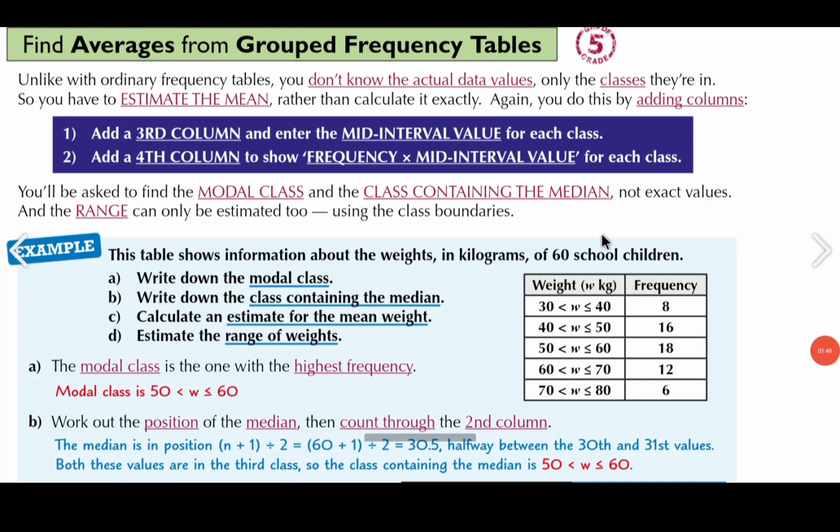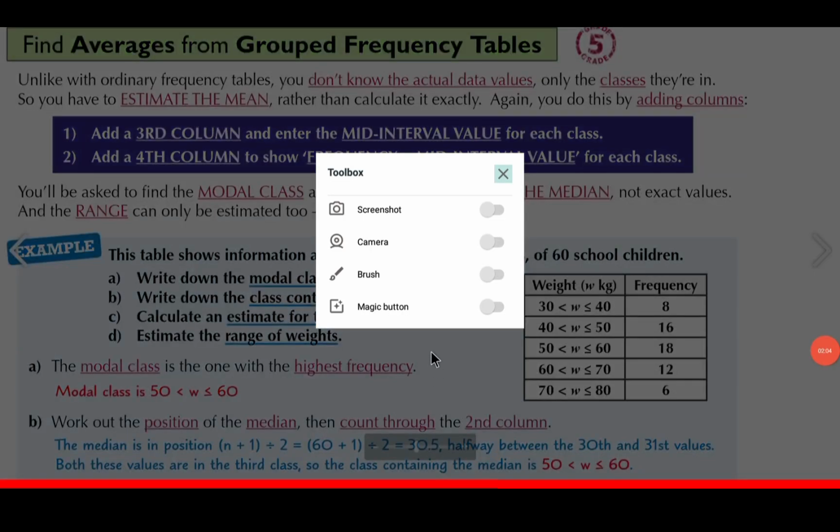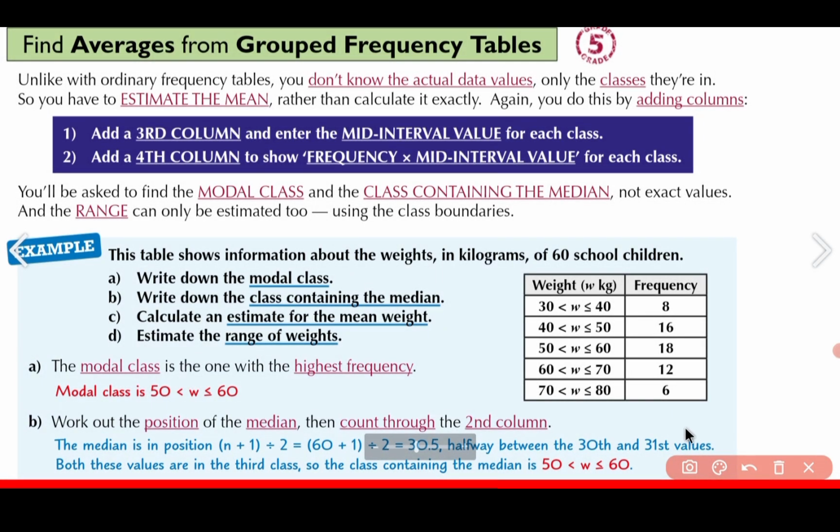For this type we need 3 columns before we even get to the mean. How we can simply do this is to make another table. We call this column frequency multiplied by x.